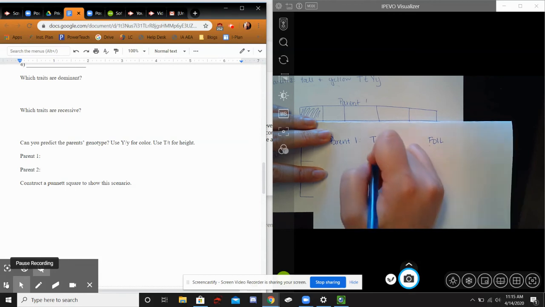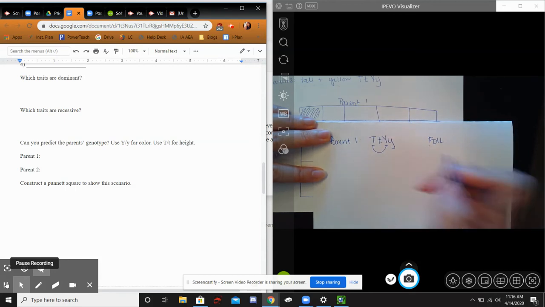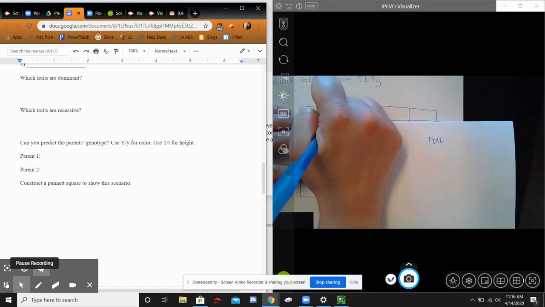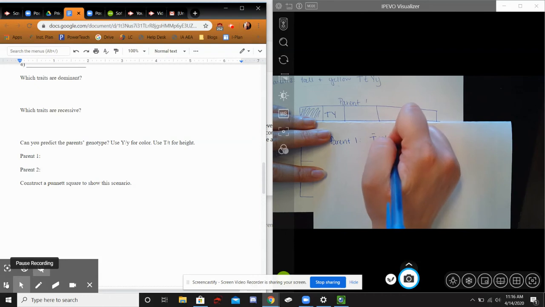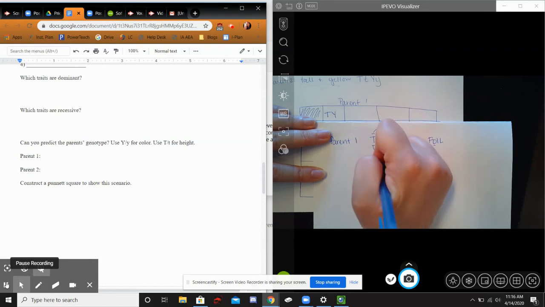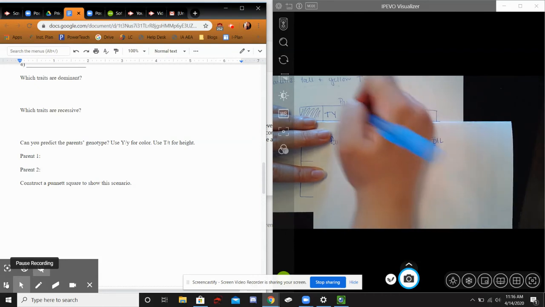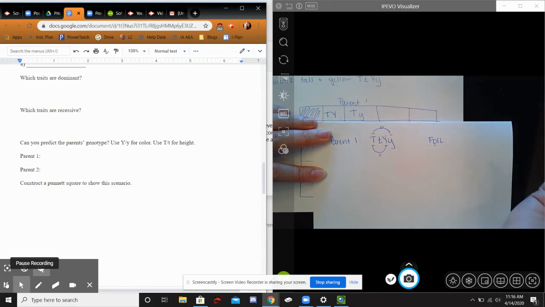We're going to start with our F, which is our first allele from each pair. That's going to be a capital T and a capital Y. Then we go to our O, which is the outside allele from each pair. Here, I'll label those so we can see that. That's going to be a capital T and a lowercase y.